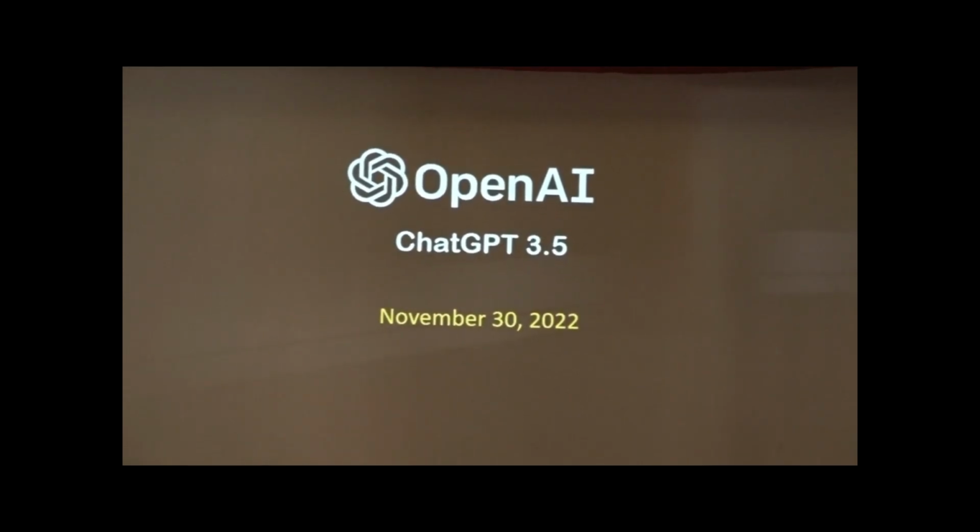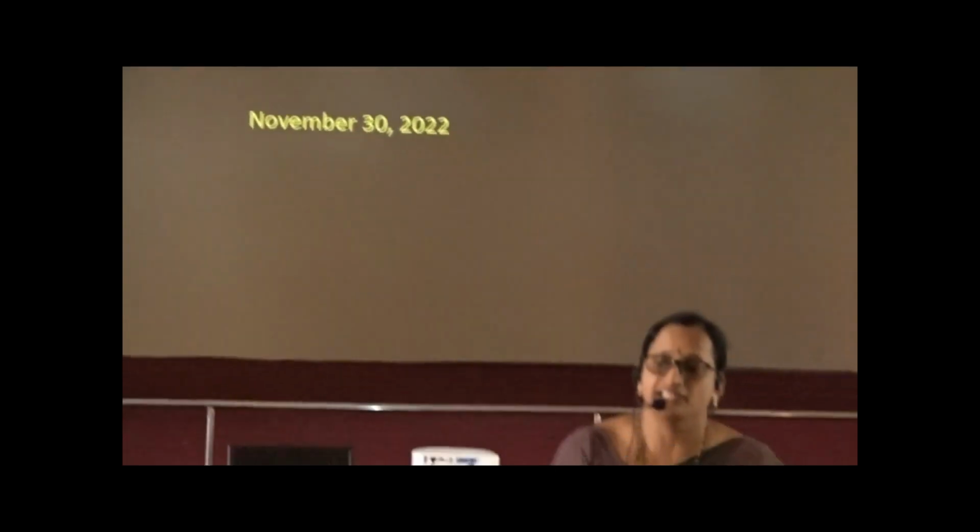It was developed and released in November 2022. And up to the year before, that is up to September 2021, this model was trained on internet data and book corpus data.